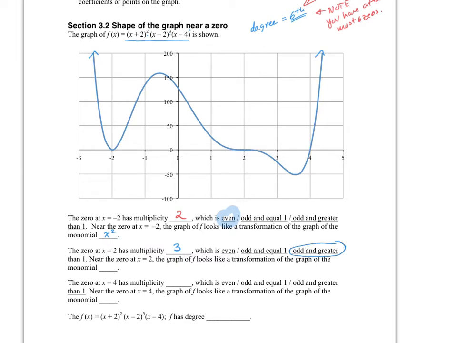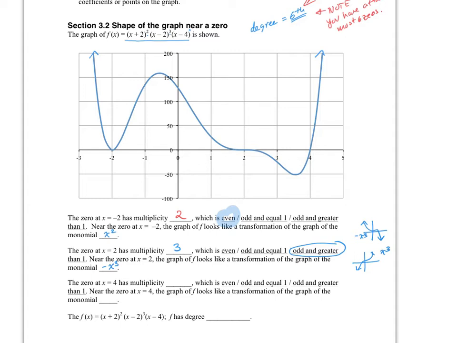Okay. Now near the 0 at x equals 2, the graph looks like the transformation of the graph of the monomial minus x cubed. Remember that x cubed looks like this, but minus x cubed will look like this.